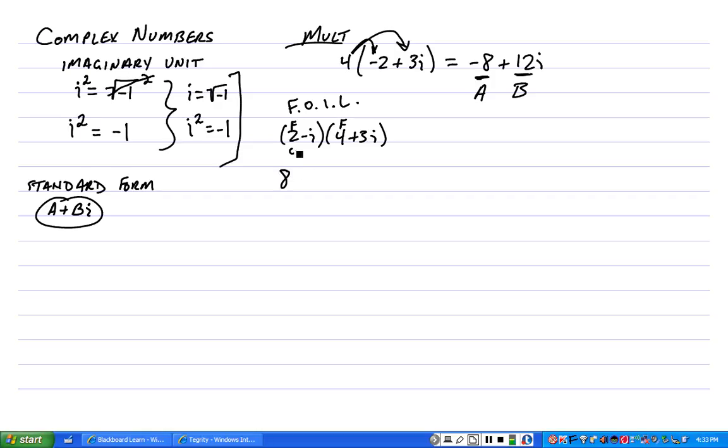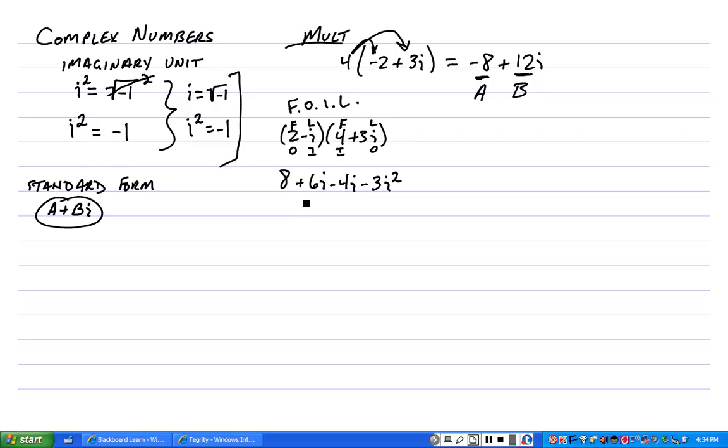On the outside, I get 6i, because 2 times 3i is 6i. Then on the inside, negative i times 4 is a negative 4i, and then last times last is negative 3i squared.